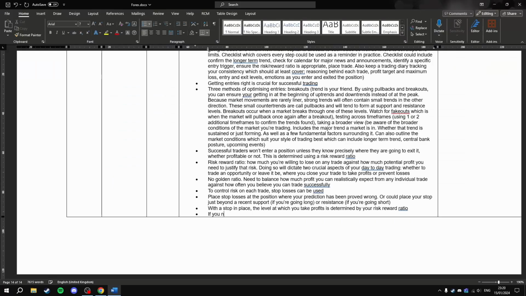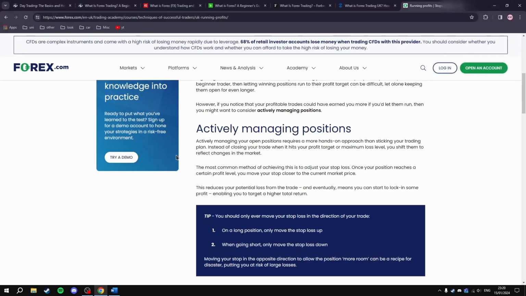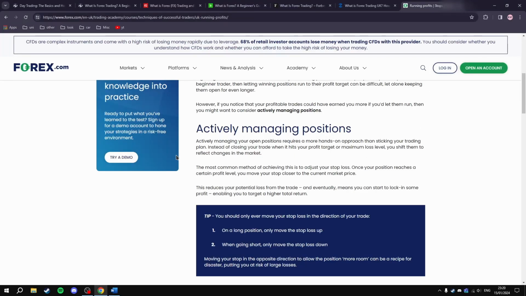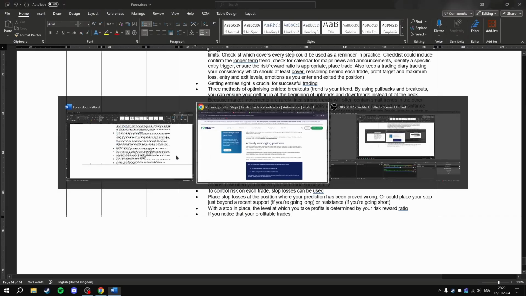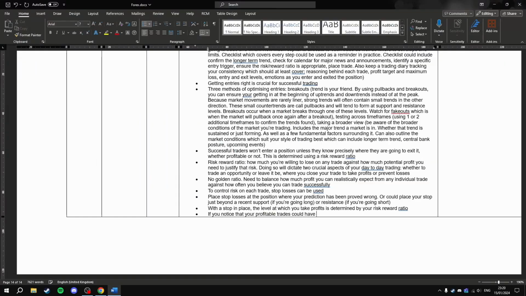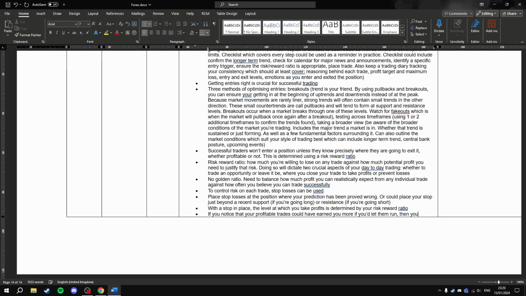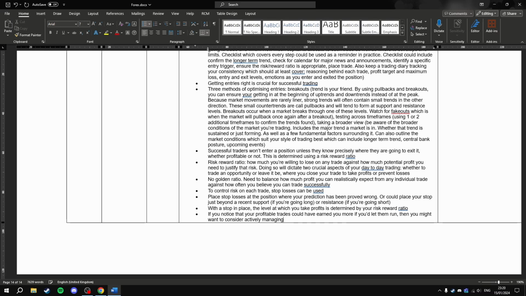If you notice that your profitable trades could have earned you more if you'd let them run, then you might want to consider actively managing positions.